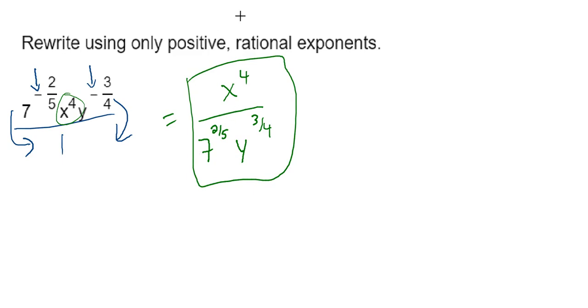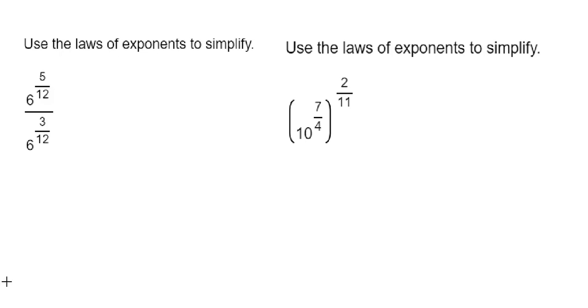Let's take a look at another example. Okay, so we have 6 to the 5/12 power divided by 6 to the 3/12 power. Now I know 3/12 could be reduced to 1/4, but you don't want to reduce it actually, because it's nice having a common denominator here, because what we're going to have to do with these exponents is subtract them.